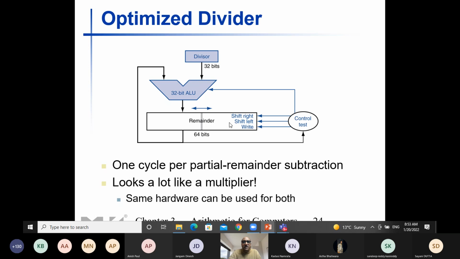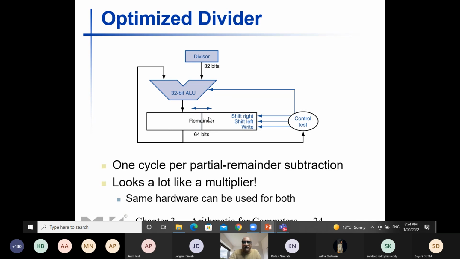Then every time you shift the remainder towards left, whereas earlier we shifted the divisor towards right. To fix the divisor here without shifting, you have to do the opposite. That means the dividend has to be shifted in the opposite direction, towards left.